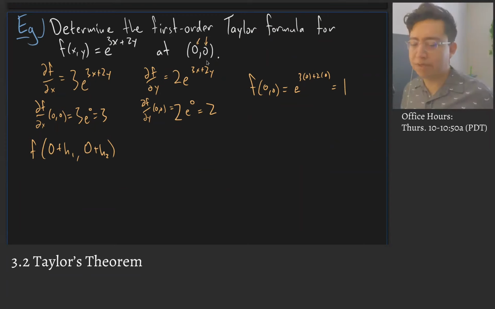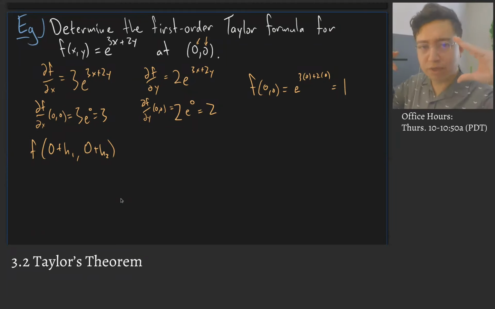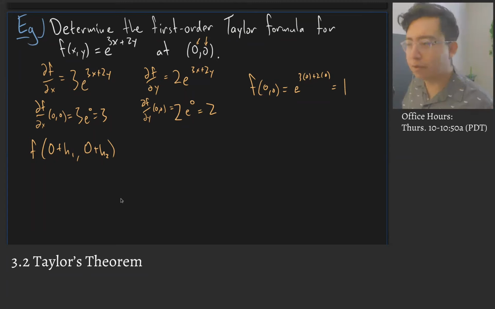The point a is given by 0, 0, so that's why we have 0 and 0. And like I just said a minute ago, h1 and h2 are our variables. Or you could think of the vector h1, h2 as the variable. So in this case, the vector h is going to equal h1, h2.